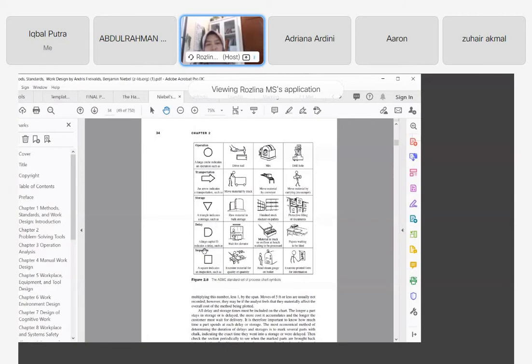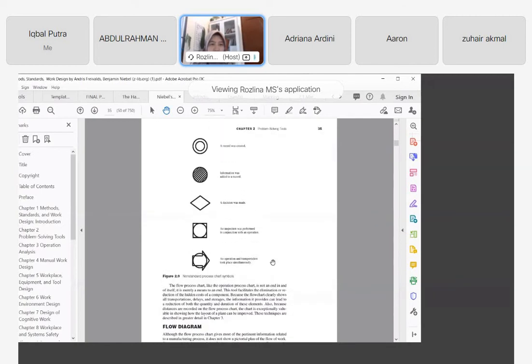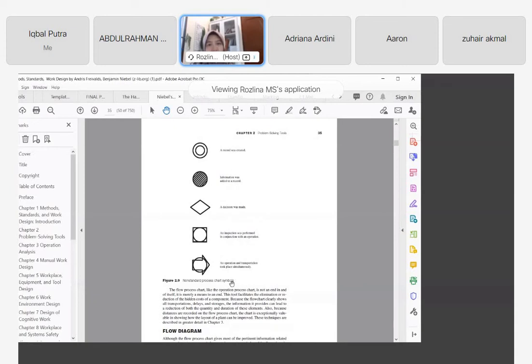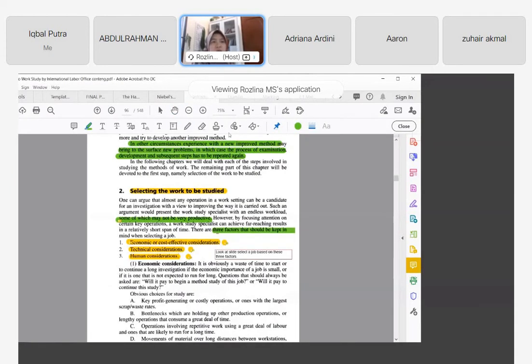Delay is when you are waiting: waiting for the elevator, materials waiting to be processed in the truck, papers waiting to be filed. For inspection, the symbol is the square one. Examine materials, read steam gauge, boiler, and examine printed form for information. So you are doing inspection. Okay, this is the ASME standard. Or sometimes you can also use the combination.